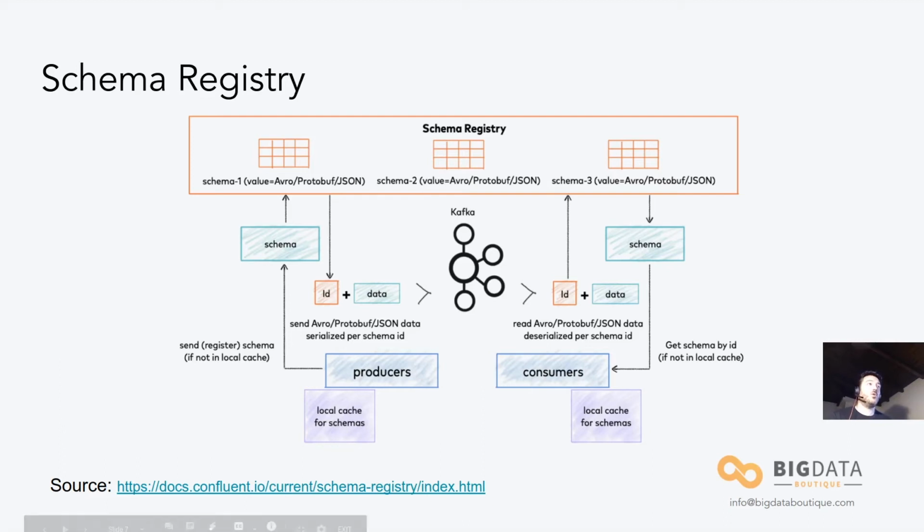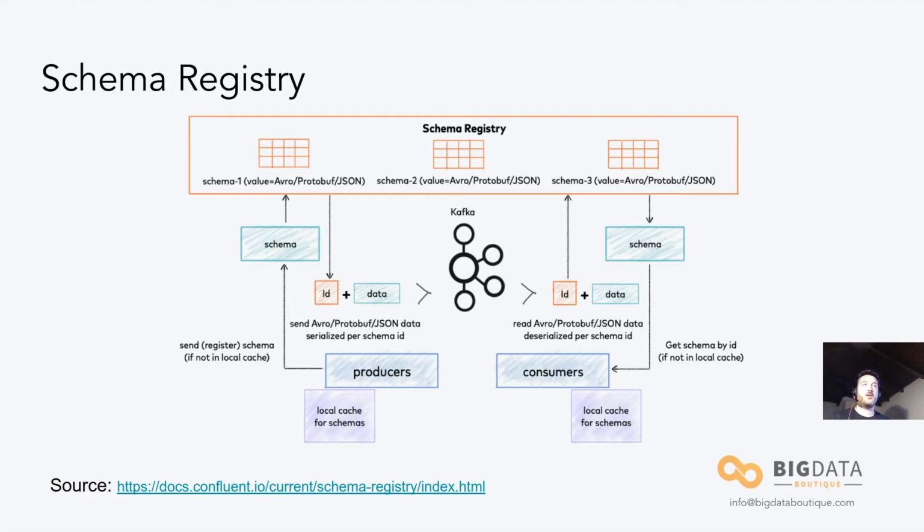So how does that work? Let me show you. You have a producer which wants to produce events to Kafka. Before publishing the event in Kafka, the producer goes to the schema registry to see if the schema for that specific data is already there. If it's already there, it just takes the ID and sends the ID of the schema and the data.